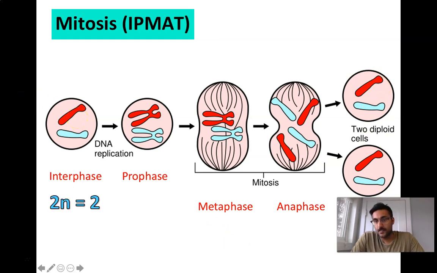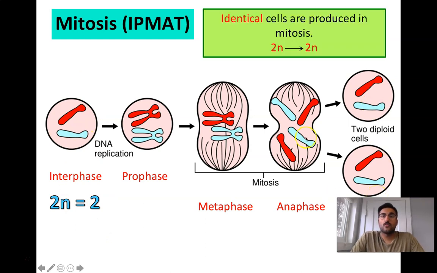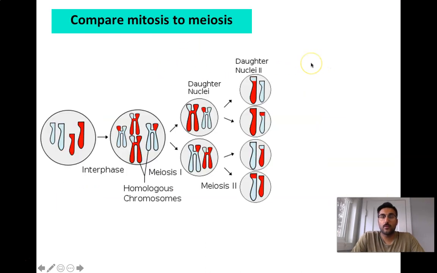You probably can't see this because it's covered by my box, but over here it should say 2n is equal to 2. And you started off with a cell that was 2n equal to 2. Or in other words, you had a diploid cell here and you ended up with two identical diploid cells as well. So identical cells are produced in mitosis. You go from a diploid to a diploid.